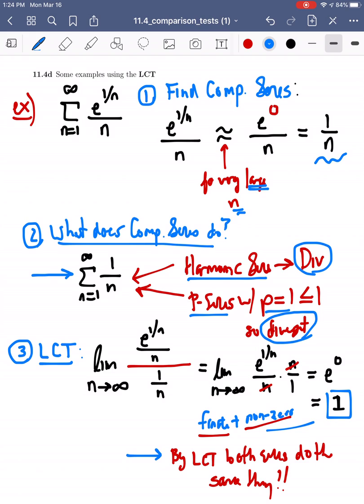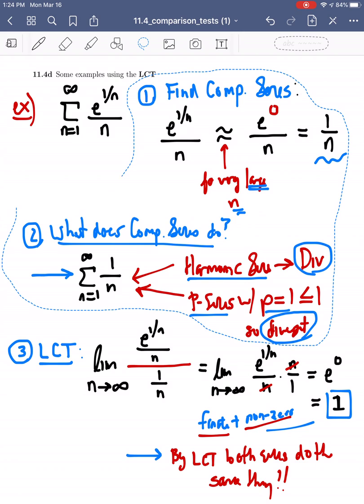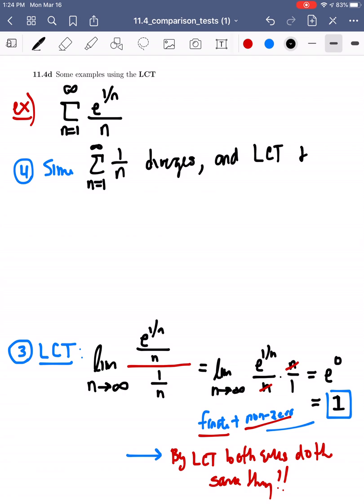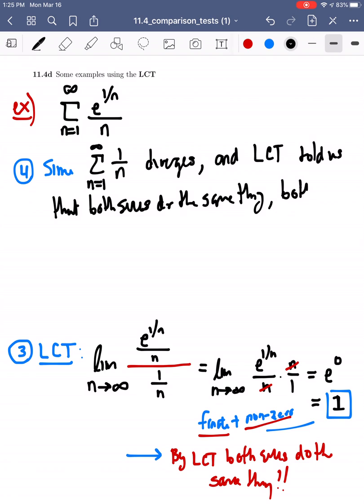Let's just quickly synthesize that into number 4. So since the series we're comparing to, the series from n equals 1 to infinity of 1 over n, or the harmonic series, diverges, and limit comparison test told us that both series do the same thing, both series must diverge.